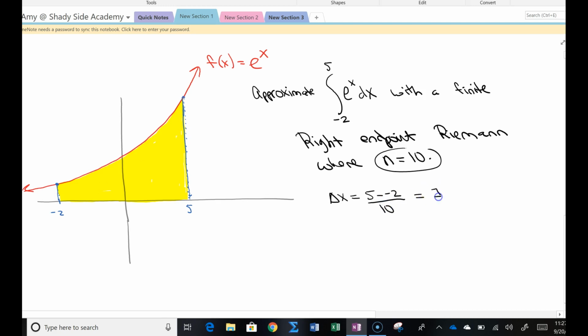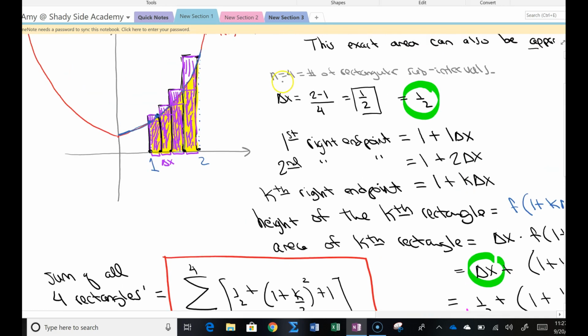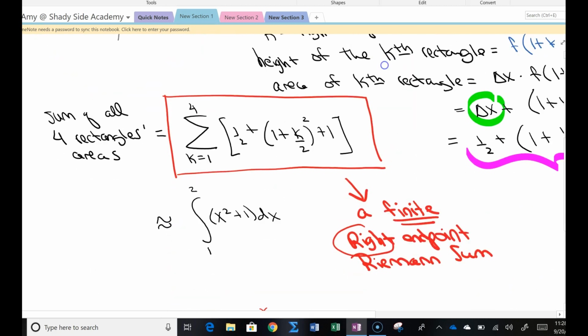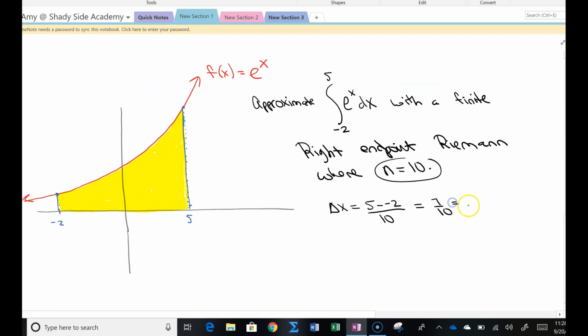So we get 7/10 is the width of each rectangle, right? Remember up here, everyone, see how I found if I wanted 4 rectangles, I took 2 minus 1 divided by 4. All right, so 7/10 is the width of each rectangle.